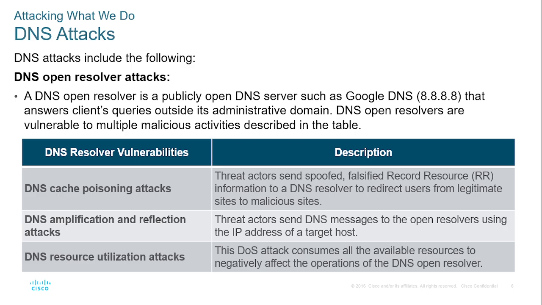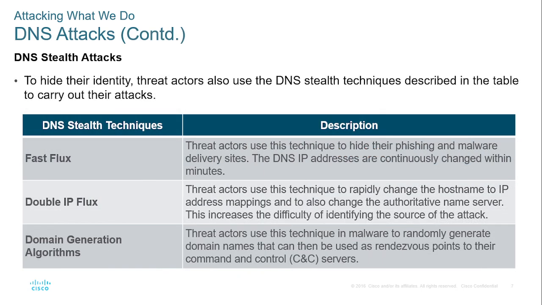We also have DNS resource utilization, because some of these DNS attacks are good examples of denial of service attacks, which consume lots of the DNS server resources, and that results in making it impossible for other nodes to access the DNS, which results in a DoS, denial of service attack.